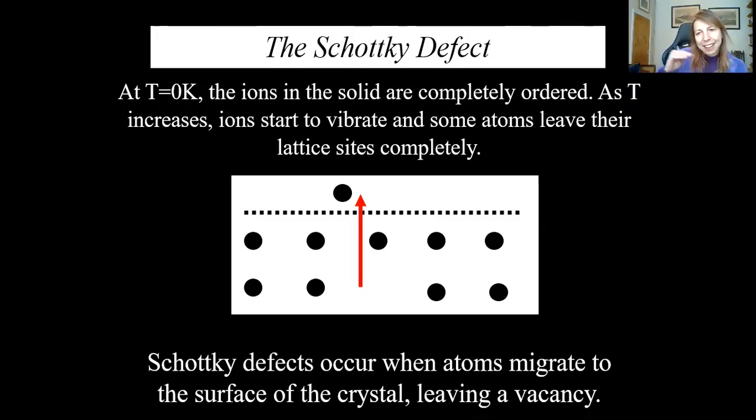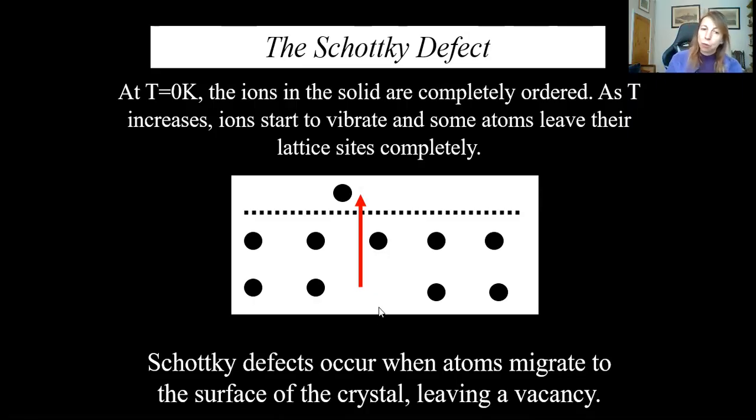So if we forget about 0K for now, because we can't get there, and we start to heat our system up a little bit, then our atoms or molecules, our particles, are going to start to wobble around their equilibrium positions. Eventually, as we get hotter and hotter, some of our atoms or molecules are going to have enough energy that they vibrate sufficiently that they can actually jump out of the lattice, and then they'll sit on the top of the surface.